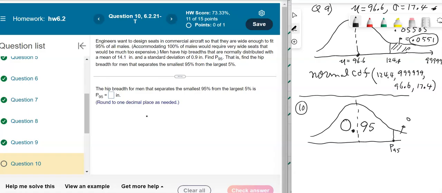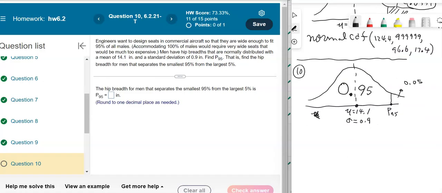So this point must be 0.05. So they want you to find this one. But what is it? It is an engineer problem, and this is the mean 14.1, and sigma is 0.9.